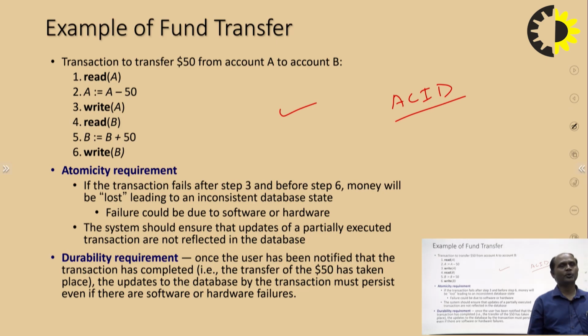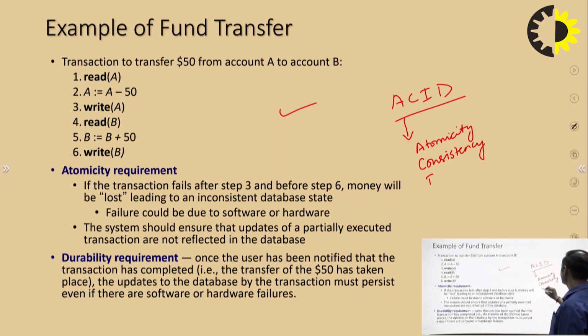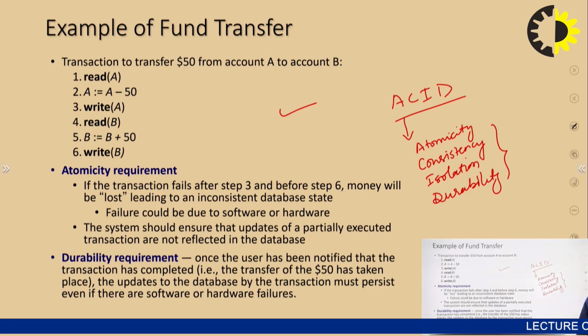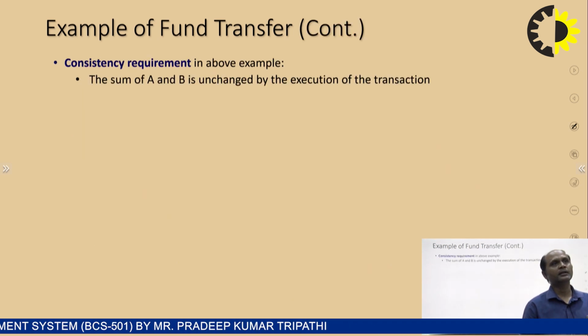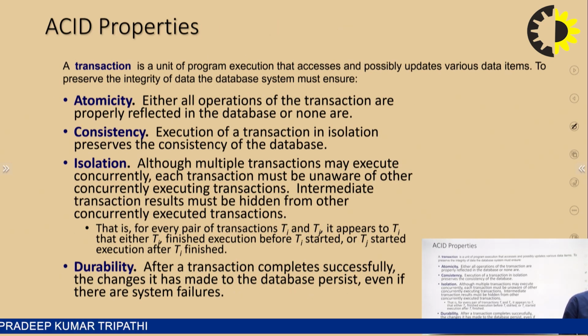These are called the ACID properties of a transaction. If any transaction is performed in a particular database, these properties must hold. What are these properties? A stands for atomicity, C stands for consistency, I stands for isolation, and D stands for durability. This is called the ACID property of a transaction. If any transaction is performed in a particular database, then these properties must hold for that transaction. What are these properties?